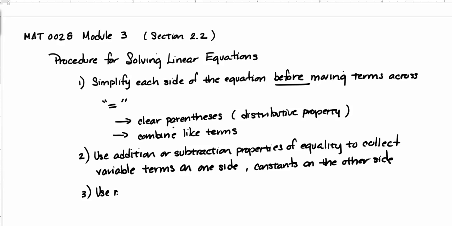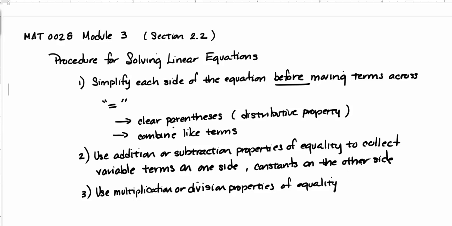So we're going to use multiplication or division property of equality to make the coefficient of the variable 1.